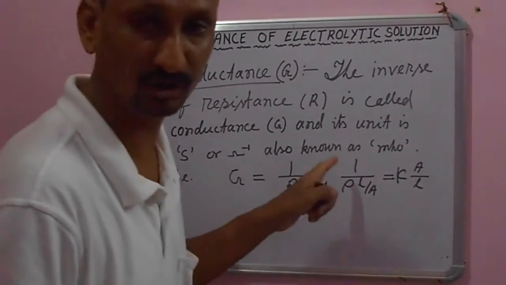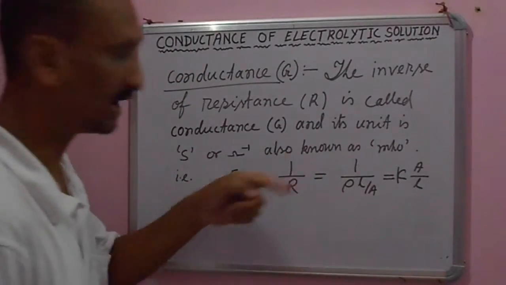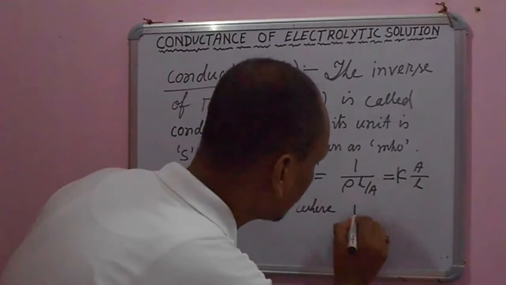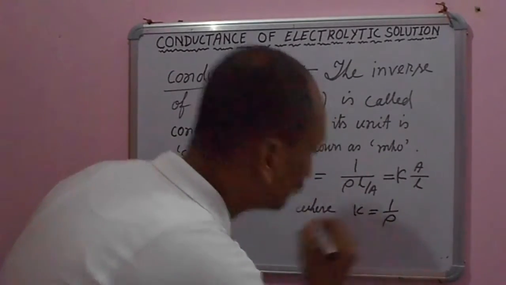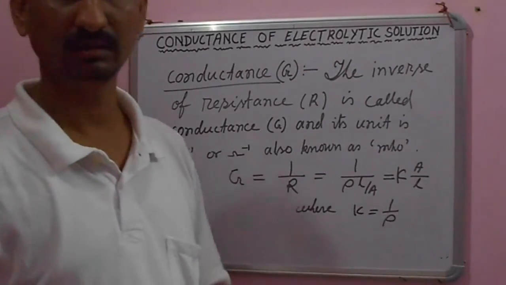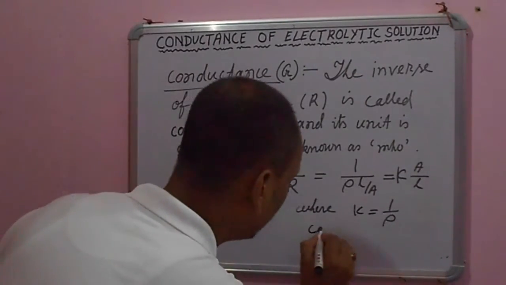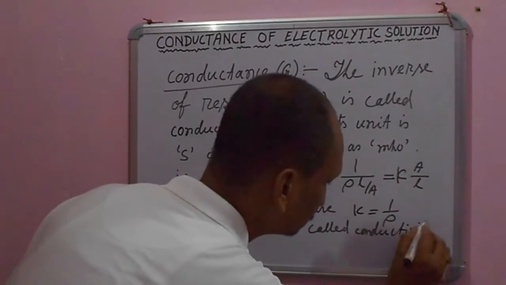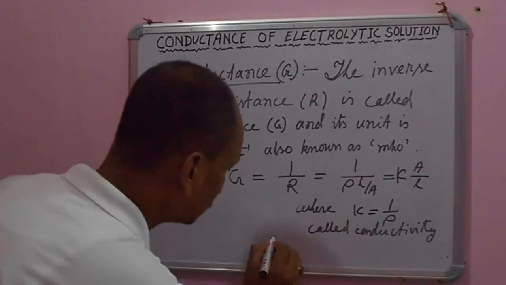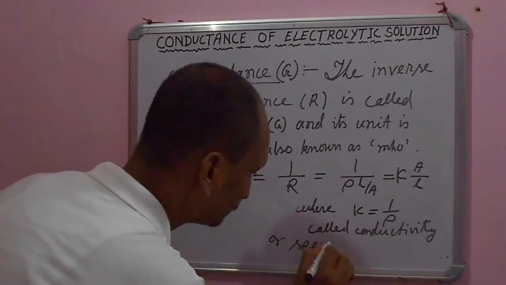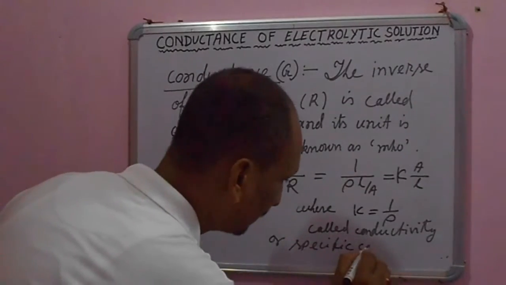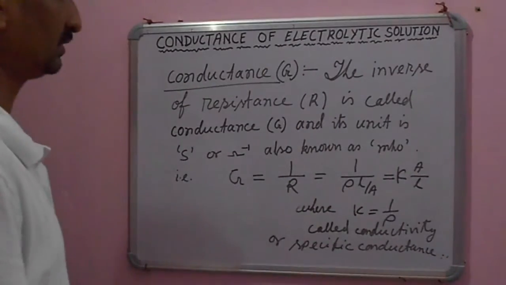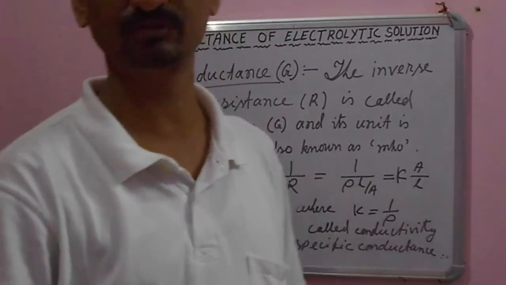So here kappa is equal to 1 by rho, called conductivity or specific conductance.